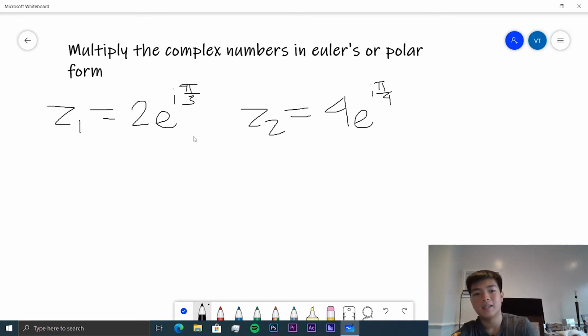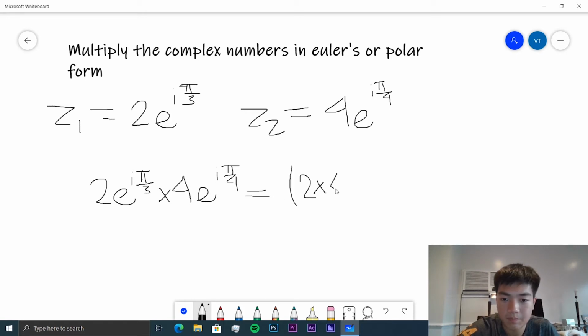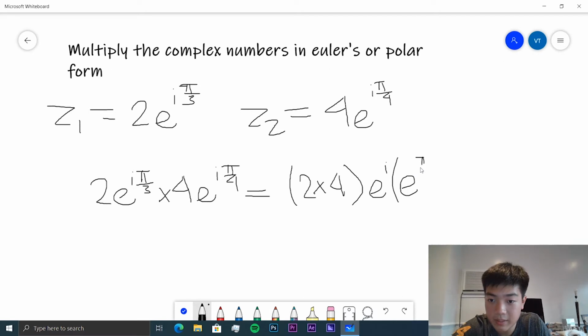And this is even simpler to prove in Euler's form. In order to multiply these two numbers together, we can simply multiply them. So we have 2e to the i pi over 3 times 4e to the i pi over 4, which is equal to 2 times 4 times e to the i pi over 3 times e to the i pi over 4.